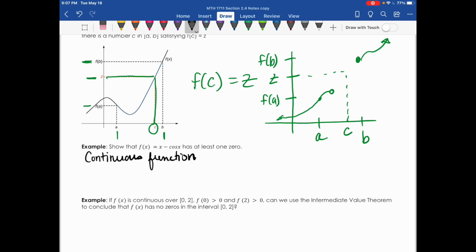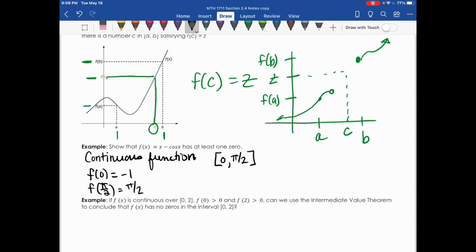Okay, so let's say I pick f of 0. That gives me negative 1. And let's say I pick f of pi over 2, that gives me pi over 2. So if I look at the interval from 0 to pi over 2, there's my x's from 0 to pi over 2, and my corresponding y's would be -1 to pi over 2.